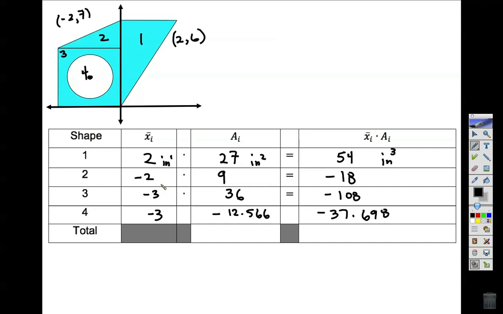That was step 5, multiply from left to right. We're going to add all these four numbers. That is step 6: 54 plus -18 plus -108 plus -37.698. This is -109.698 inches to the third power.